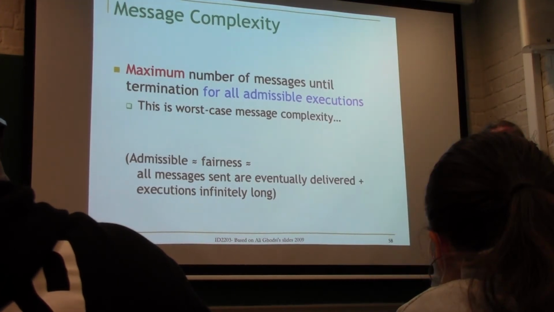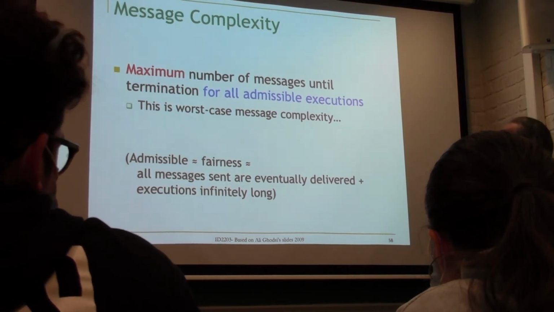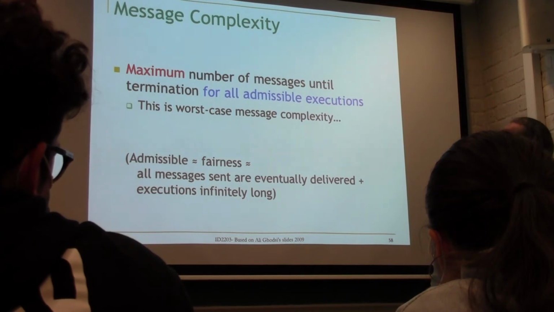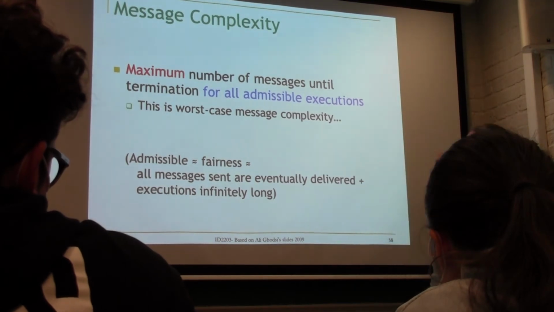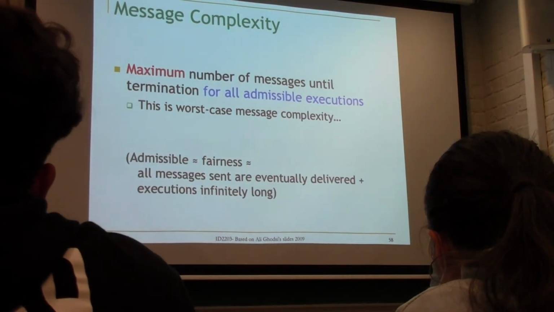And the causality is different, so maybe, we'll see what effect that has. That can actually have an effect on the complexity, on the maximum number of messages. So how many messages until termination? This is the message complexity. It's kind of like the load on the network.